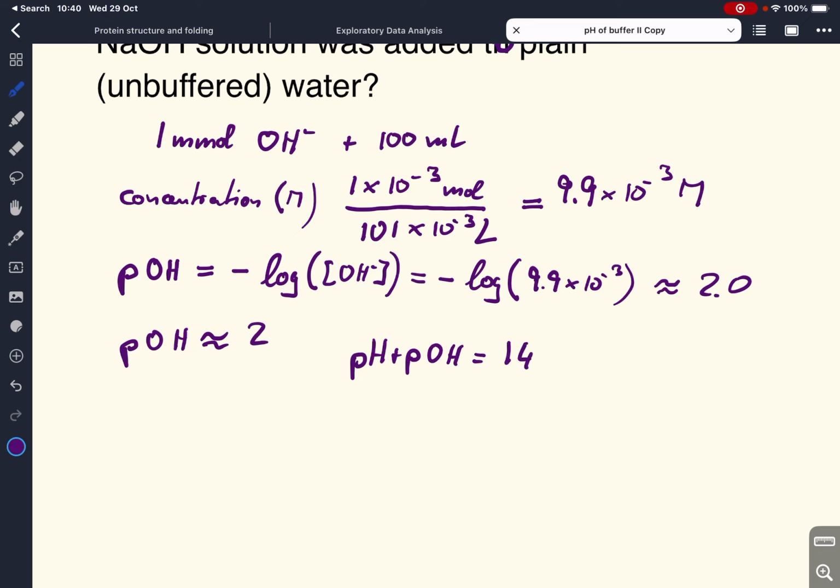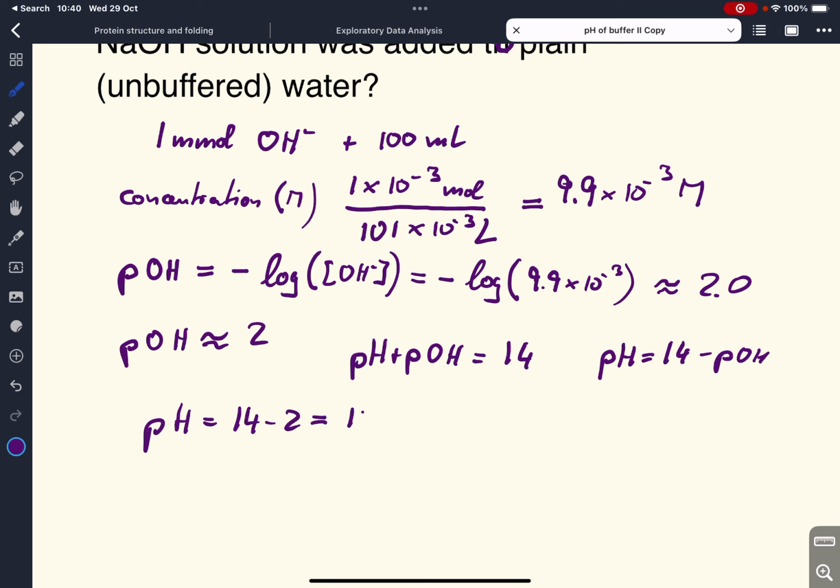So we can figure out the pH. pH equals 14 minus pOH. So for the pH, we get 14 minus 2 equals 12, roughly 12.